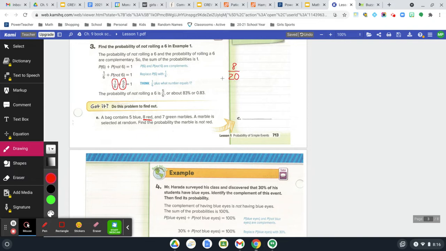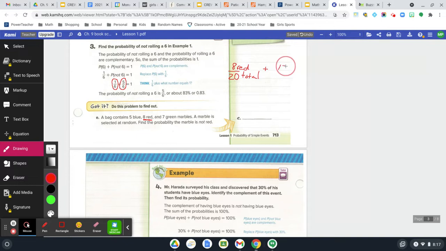Now, there are 8 red marbles, right? So this fraction is the probability of picking a red marble out of the bag. Now, I know I answered that first, and it's actually asking you to find the probability the marble is not red. If we know 8 of the marbles are red in the bag, that means how many are not red?